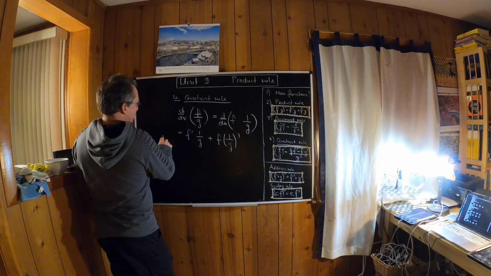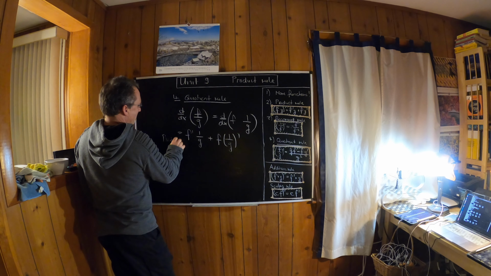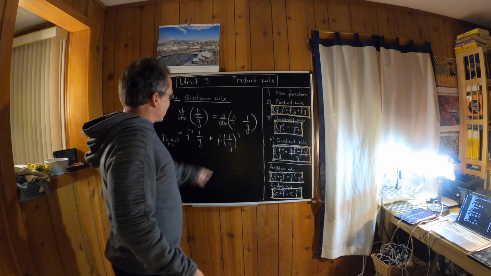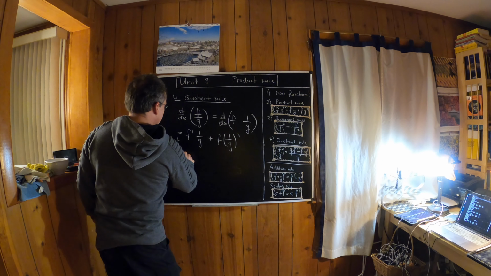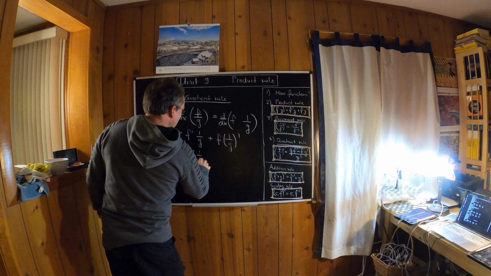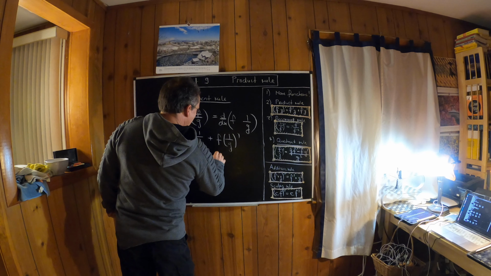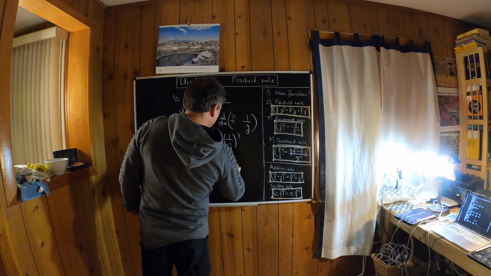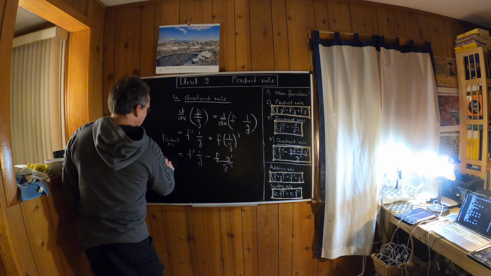So that's what we have used. We have to use the product rule. And now we can use the reciprocal rule for this one. So this is f prime times 1 over g, and then minus f g prime over g squared. So this is the reciprocal rule.